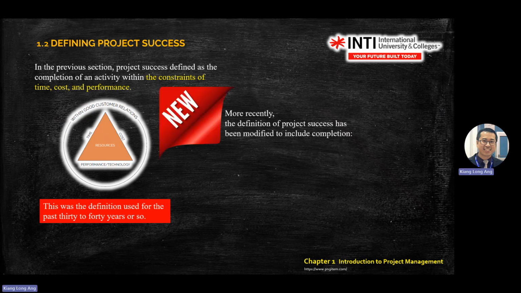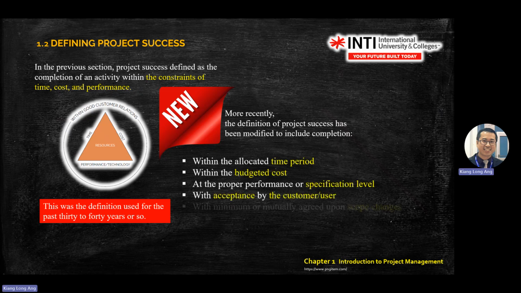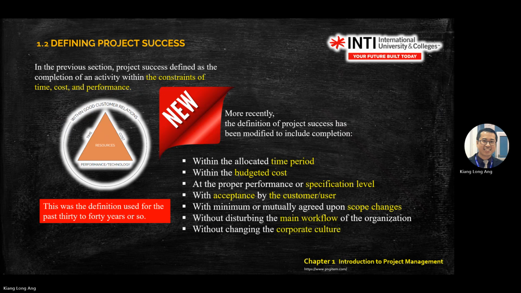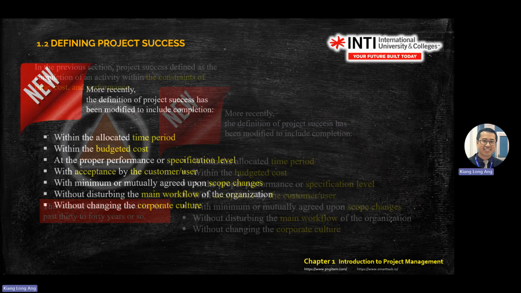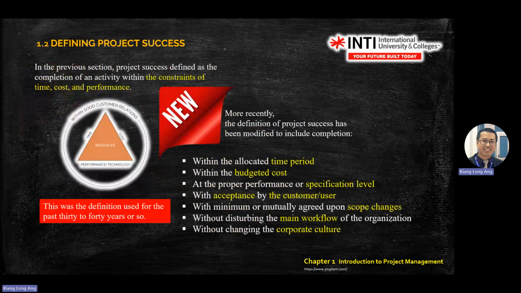Then there is a new definition for success that includes all this. It means there is an updated parameter. Thirty or forty years ago, you only looked at time, cost, and technologies.